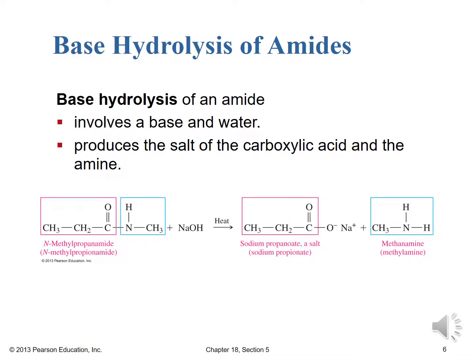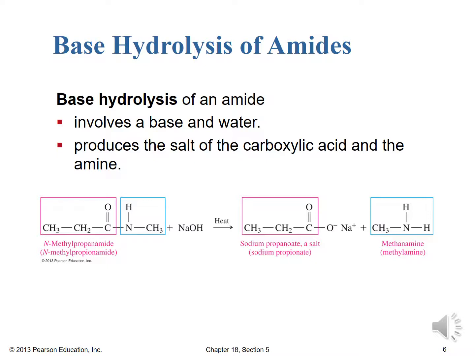Now, if we take a look at base hydrolysis, when we have base hydrolysis of an amide, we have a base and water, and we produce the salt of the carboxylic acid because the base will deprotonate the acidic hydrogen on that carboxylic acid group, and then the amine, because we're in basic conditions, the amine or ammonia will stay neutral.